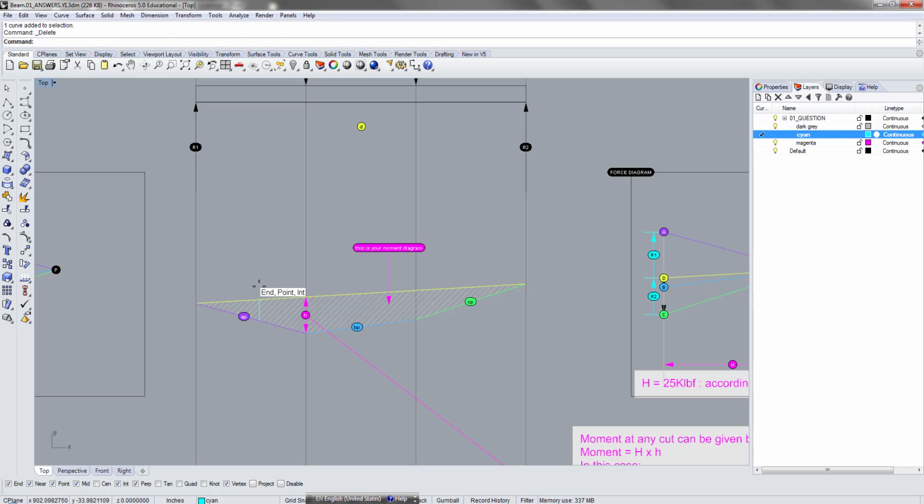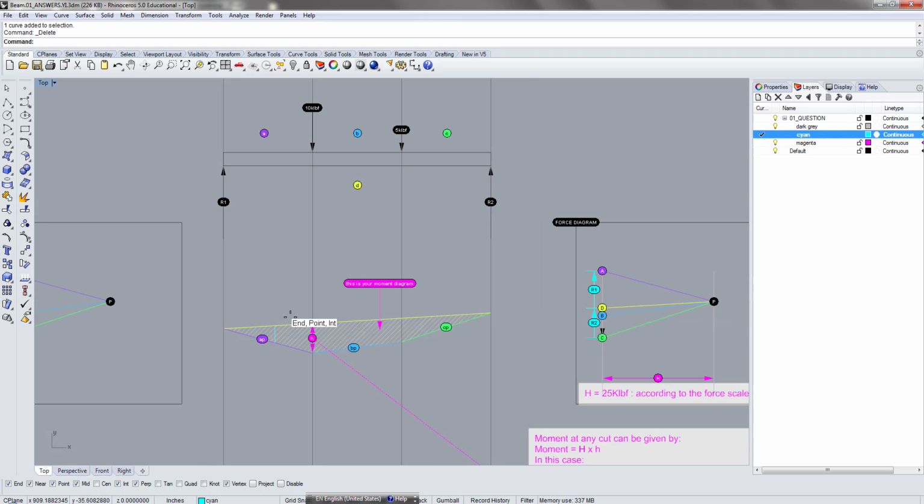We can calculate what is called the bending moment at any given point of the beam by measuring the height of this moment diagram between these two lines at that particular point.